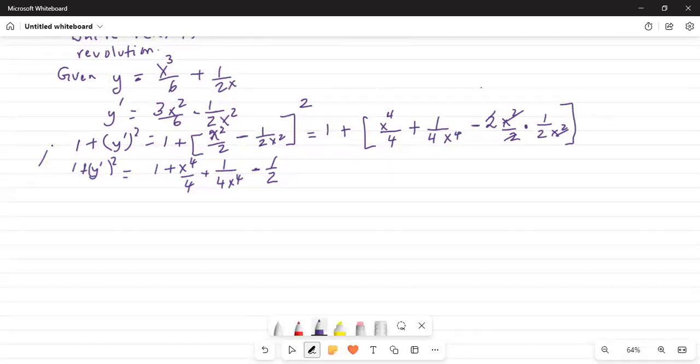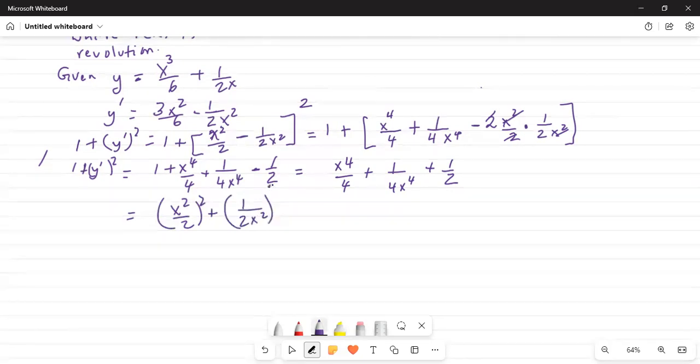So this will be equal to x to the 4 over 4 plus 1 over 4 x to the power of minus 4, plus half, which can be further simplified into x squared by 2 squared plus 1 over 2x squared squared, plus 2 times x squared over 2 times half x to the minus 2.